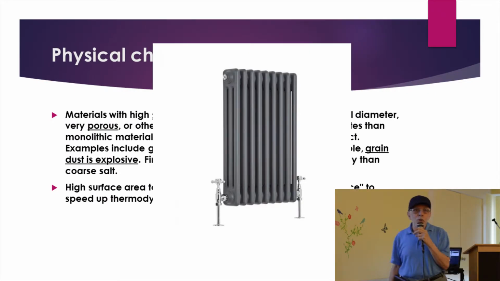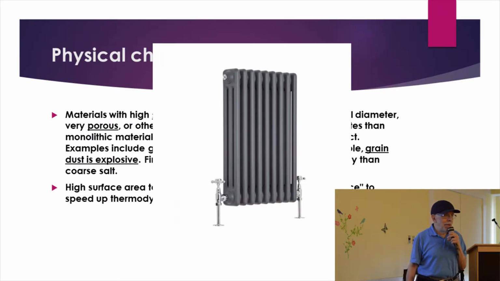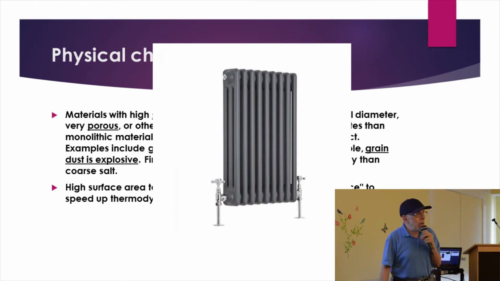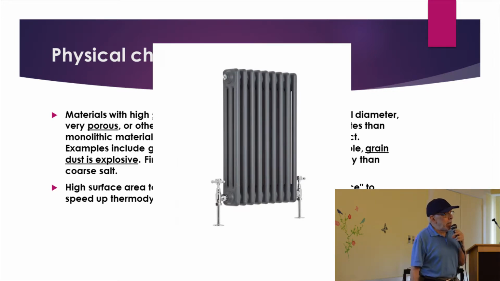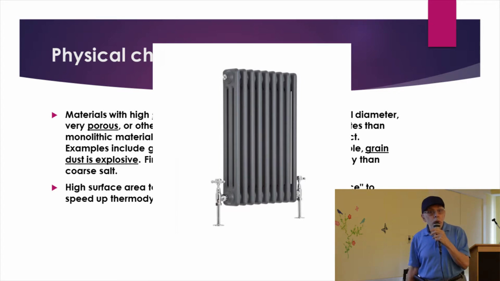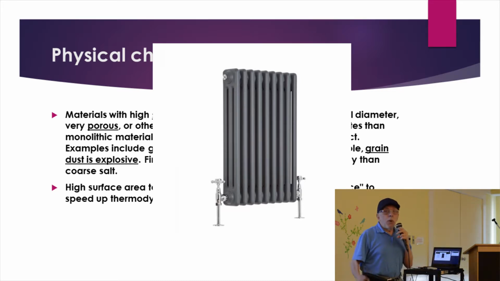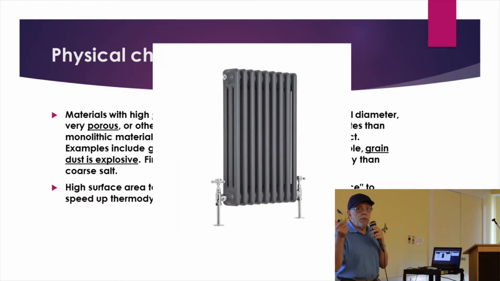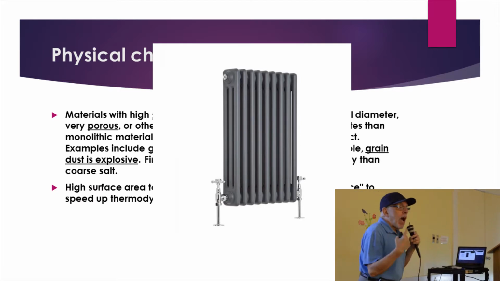Here's a picture of an old-fashioned radiator. Why is a radiator shaped the way it is? Well, if it was a sphere, it would have a low surface area to volume ratio, which means it's harder for heat to escape. What you want is a very high ratio.